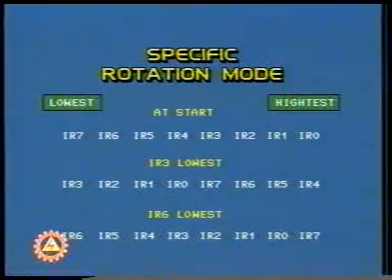For example, again, if IR0 is given the highest priority initially and IR7 has the lowest priority, then during the execution of the program, any time, say IR3 is given the lowest priority through specific rotation mode, IR3 will be given the lowest priority and IR4 will automatically be given the highest priority. Now, if after some time IR6 is given the lowest priority, then IR7 will be given the highest priority.